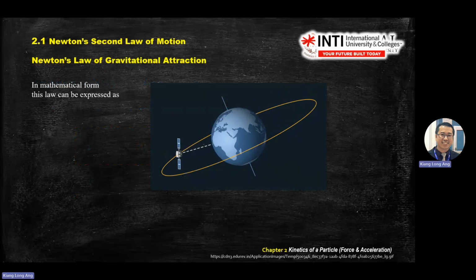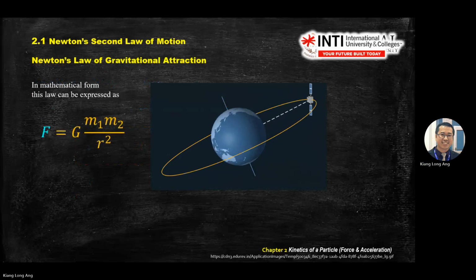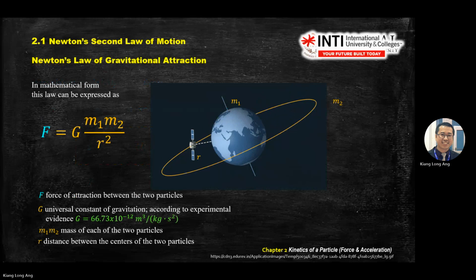Just an introduction to gravitational attraction, which is G. On the Earth, if we talk about vacuum, we have two masses, the Earth M1 and the satellite M2, and the distance between the center of the Earth and the satellite is R. We can use this equation to calculate the force required to keep our satellite in orbit. F equals G M1 M2 divided by R squared.